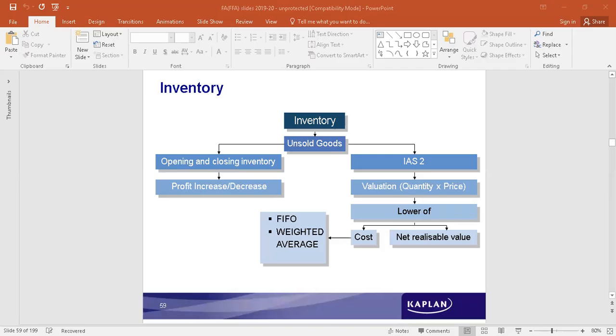The next element of the financial statements is inventory. The inventory is the basic material that is purchased so that this can get converted into finished goods and the sales can take place. The main operation of the business is trading. Trading means buying and selling.